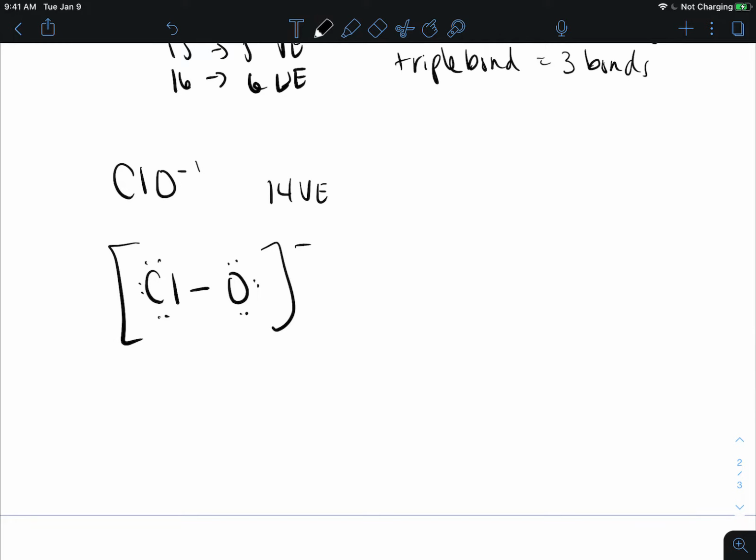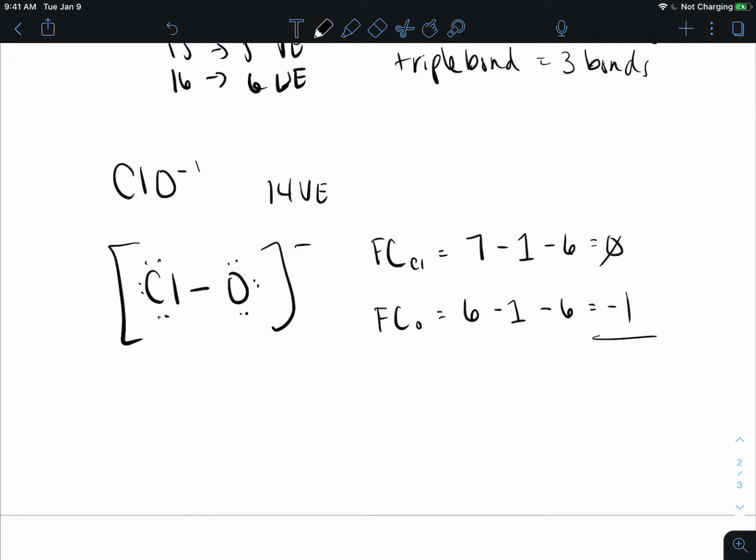After we've drawn our Lewis structure, we can then do the formal charge of chlorine and the formal charge of oxygen. So chlorine has 7 valence electrons because it is in group 17. It has 1 bond and it has 6 non-bonding electrons, giving us a formal charge of 0 for chlorine. For oxygen, we have 6 valence electrons, 1 bond, and 6 non-bonding electrons, giving us a -1 formal charge.